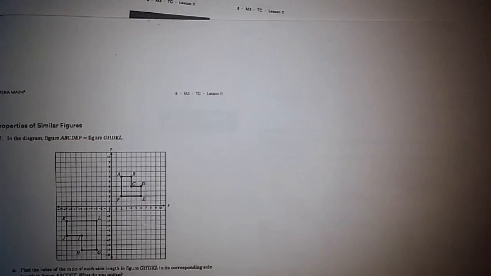This is it, guys. This is the one that you're really going to be like, that's good. While we're writing, you're going to write all of it out, okay? So, what is it asking you to figure out? They want to know in the diagram, figure A, B, C, D, E, F is similar to G, H, I, J, K, L. So, what you are going to do is figure out the length of each side.